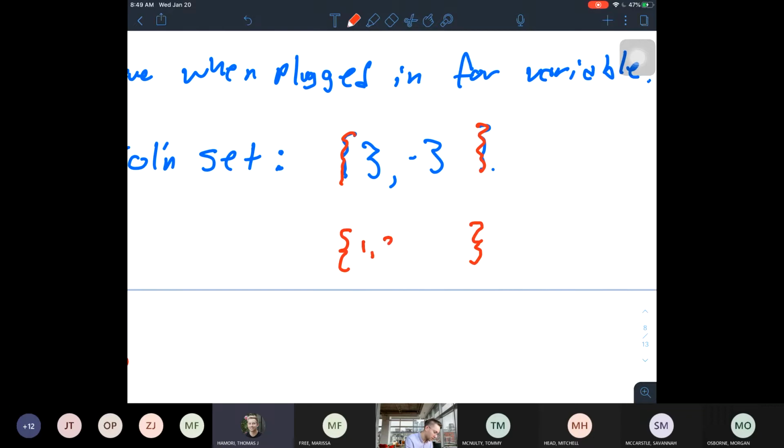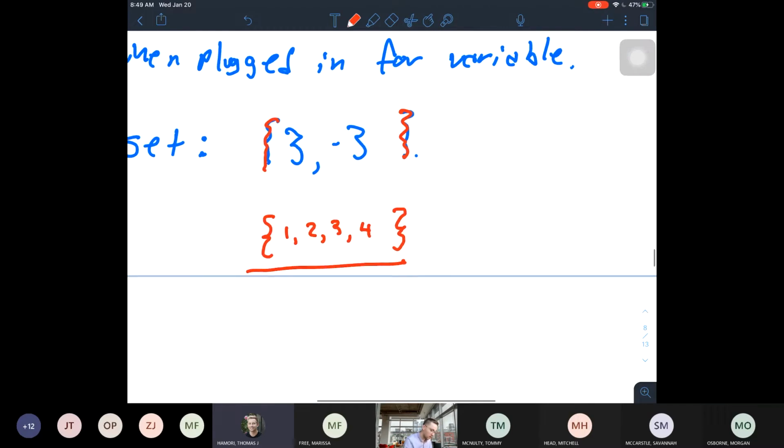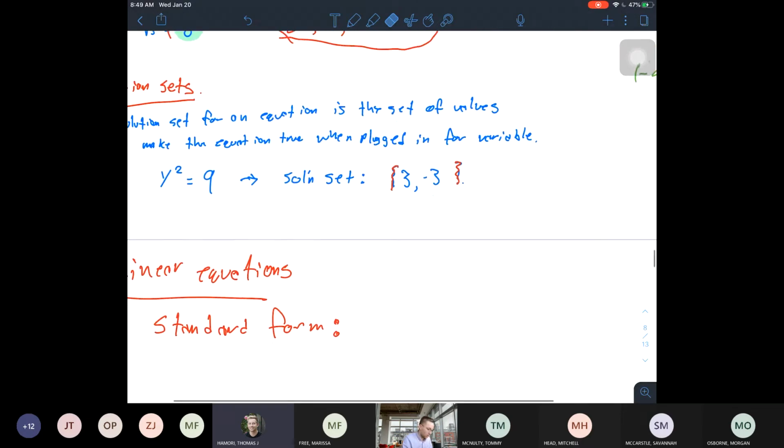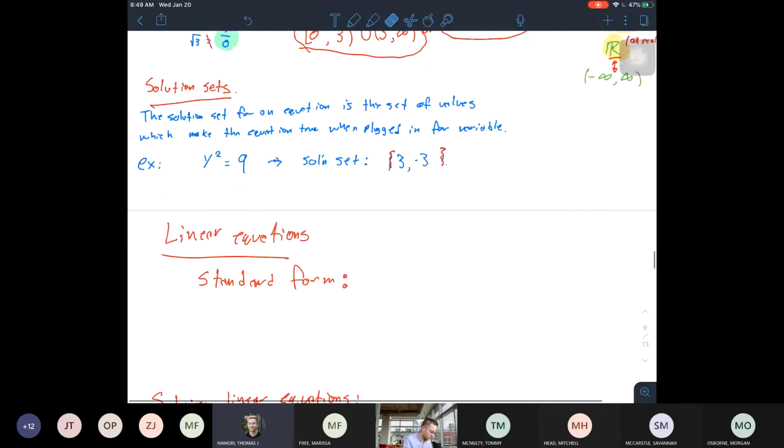So like 1, 2, 3, 4: we're talking about the numbers 1, 2, 3, and 4, but not the ones in between. The only numbers in this set are the ones which we specifically list. We use the brackets and the parentheses when we're talking about a range of values. So that's the solution set.